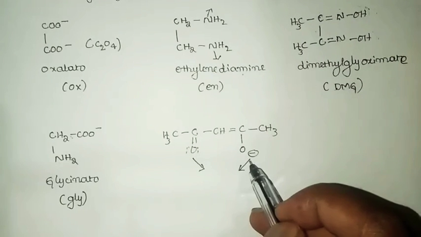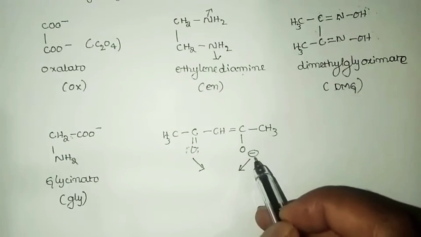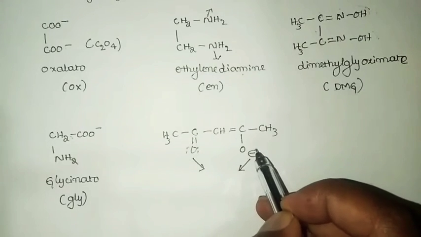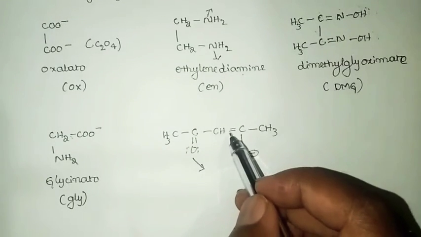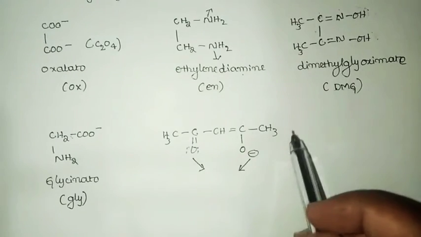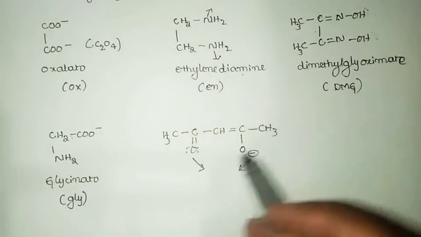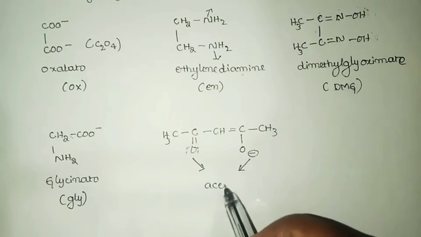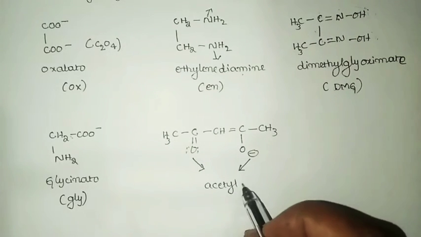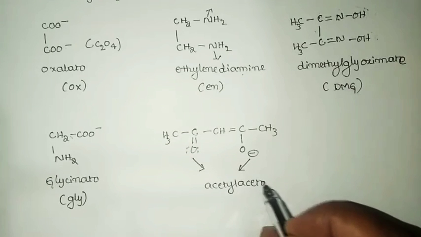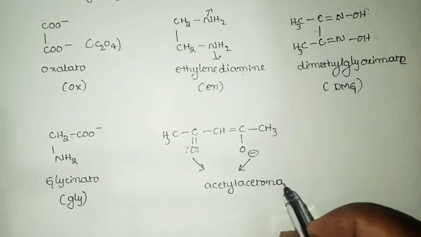So there are two ligating atoms here, and since having negative charge, this is also an anionic ligand, strictly speaking negatively charged bidentate ligand, and it is acetyl acetonate anion.